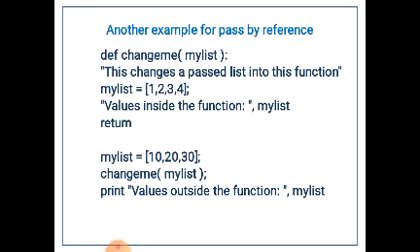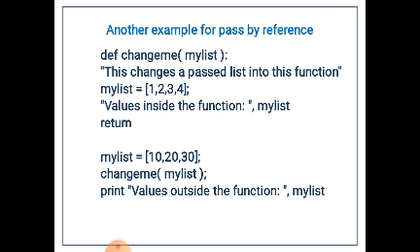We see that mylist contains the values 1, 2, 3, 4 inside the function. And again we see a mylist 10, 20, 30 where the function has been called, changeme(mylist).